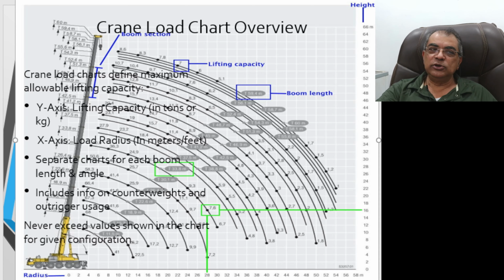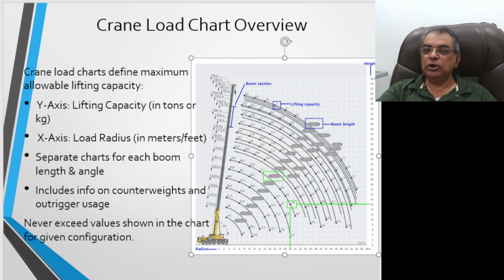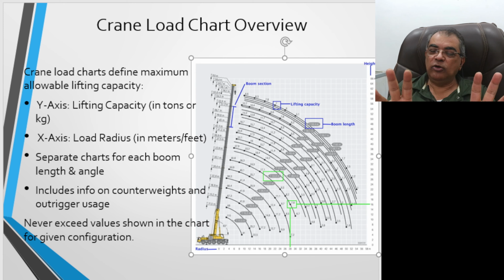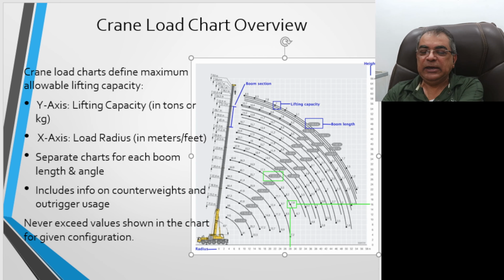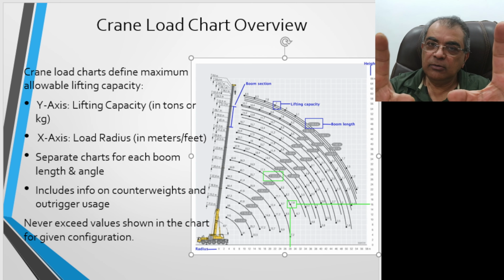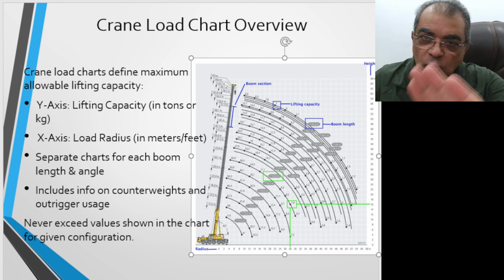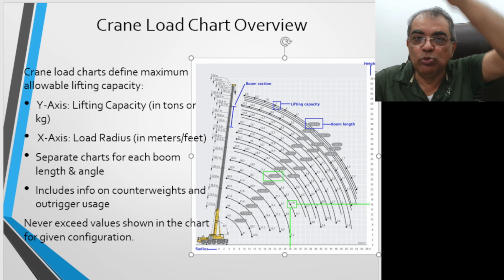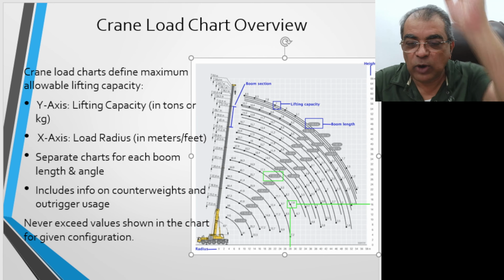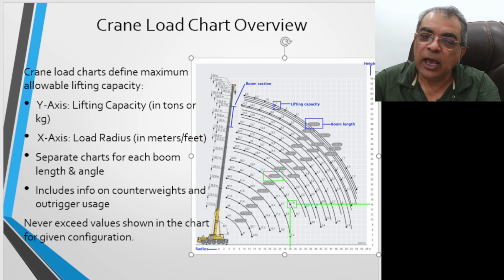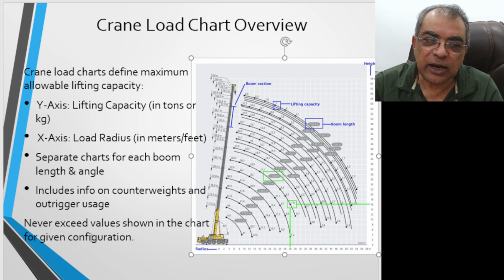Okay, so that is why it is very important to consult. You don't have to break your mind on the calculation of this. There is a formula for this, but better you refer to that crane's load chart to understand what the boom length is and at what radius it is operating.